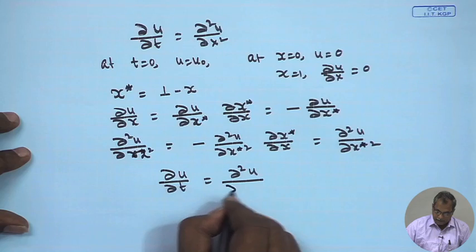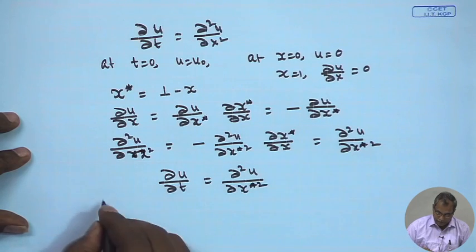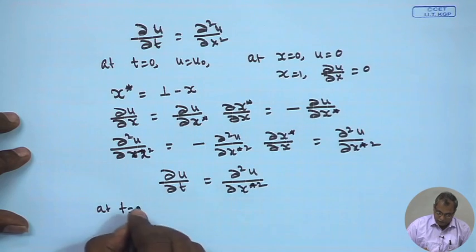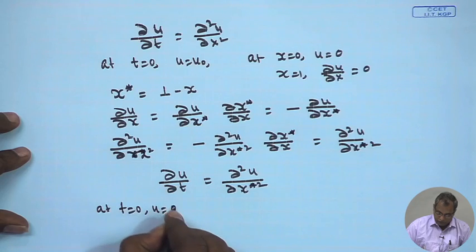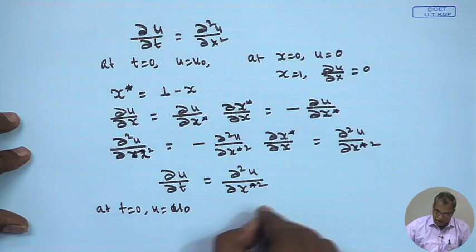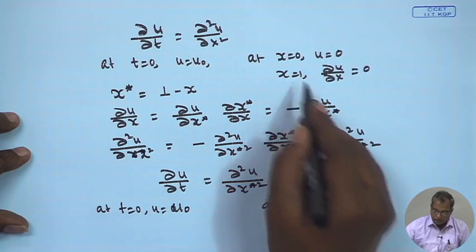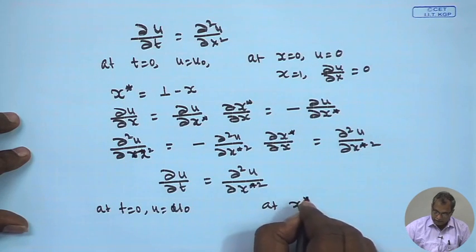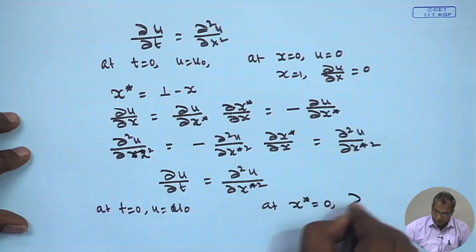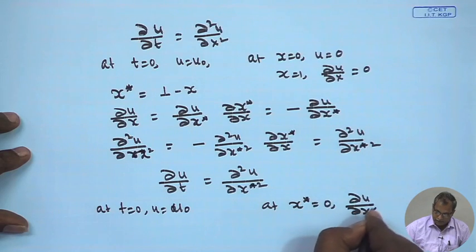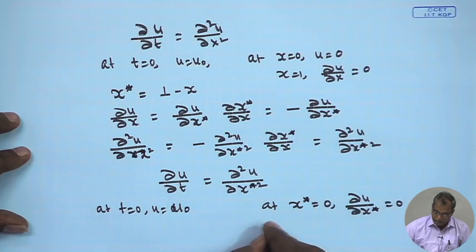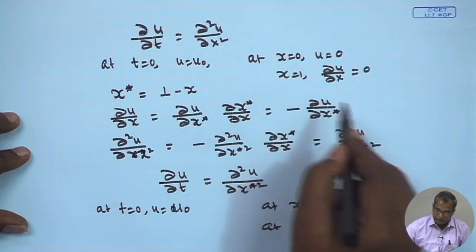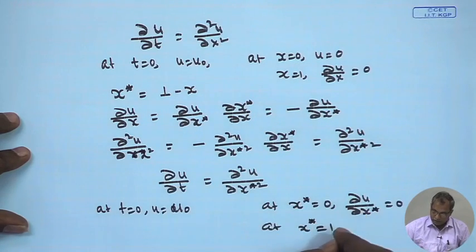So, I will be getting my problem as del u del t is equal to del square u del x star square. At t equal to 0, u is equal to u naught. At x equal to 1, that means at x star equal to 0, my del u del x star is equal to 0, and at x star equal to 1, that means x equal to 0, my u is equal to 0.